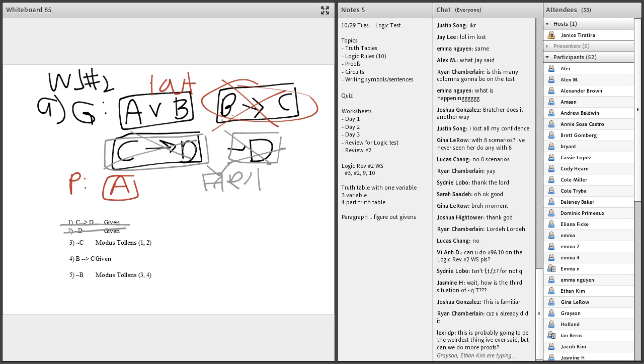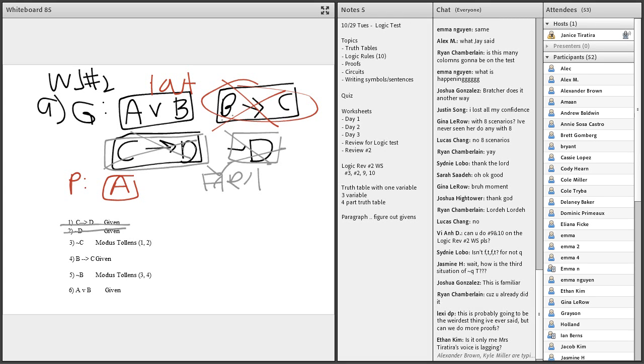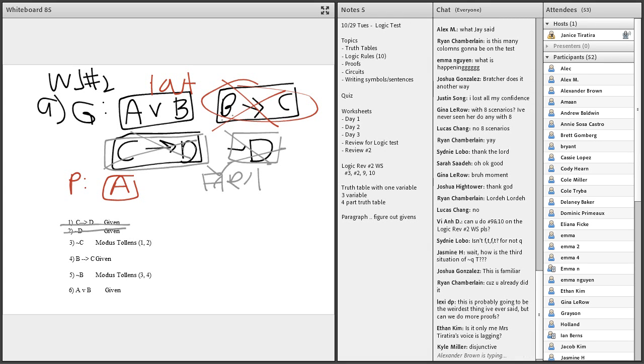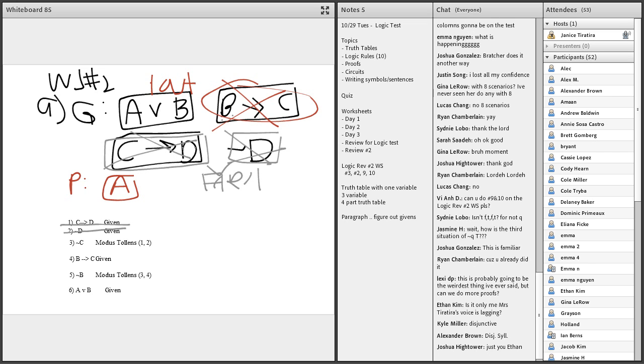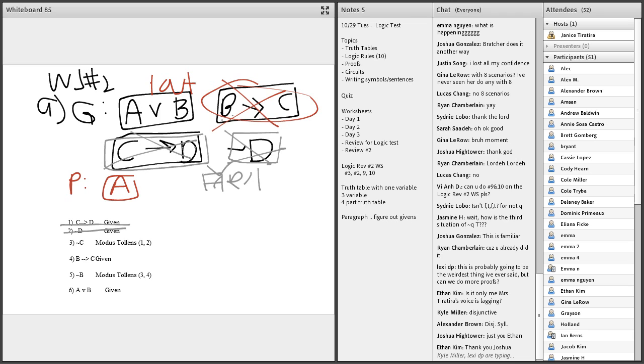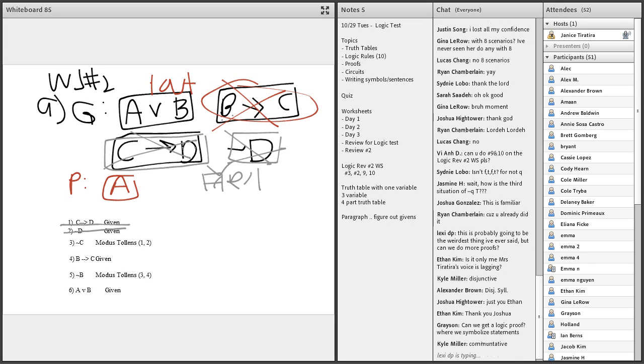The last given is A or B. That's given. And I know when I see or, I forgot who said this earlier, but when I see or, I'm going to use disjunctive syllogism, commutative property, associative if there's parentheses, so not this one, etc. So I'm going to use disjunctive syllogism here, but I am going to have to switch the order of A and B. So if your teacher is not as picky, then you're pretty much done.